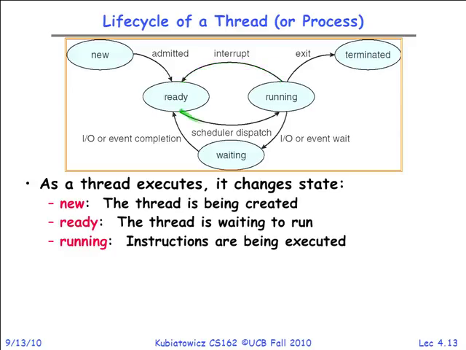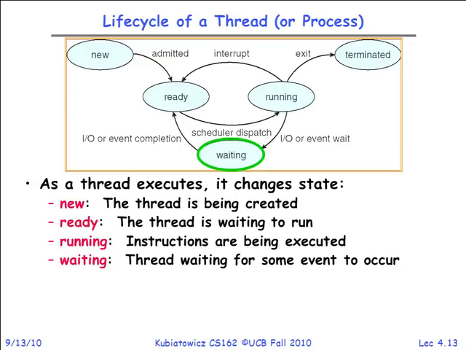Now, at some point, it might actually want to do some I/O, in which case it's going to start the I/O and then go off on a waiting queue. So this waiting queue can be associated with the file it's going after. It could be associated with some network socket, whatever. But it's clearly that TCB is not executing. It's waiting. And eventually, the I/O completes. It gets put back on the ready queue, and now it's ready to run again.